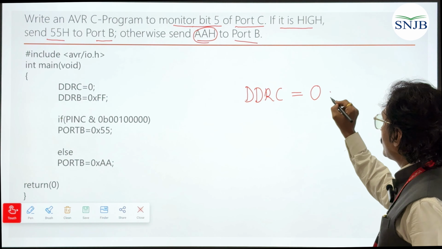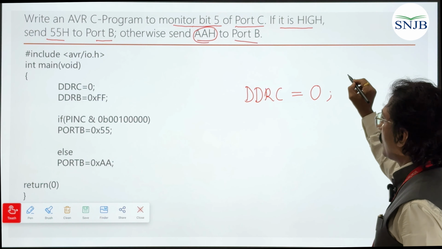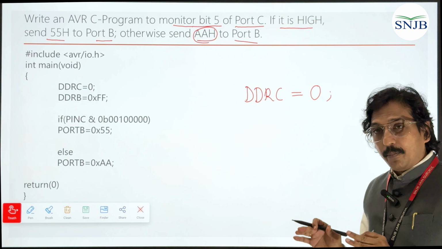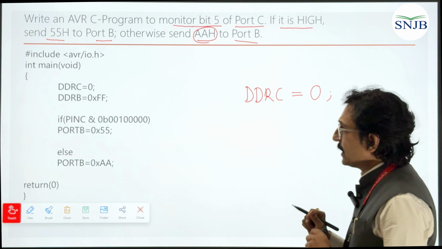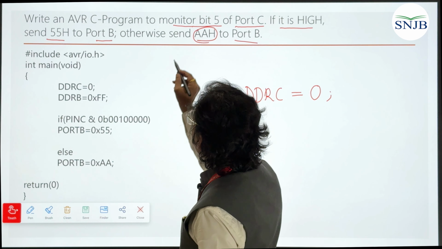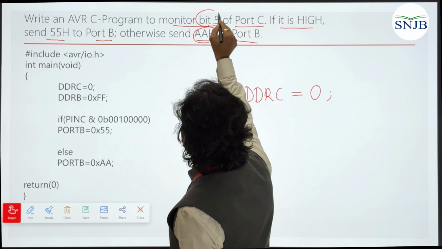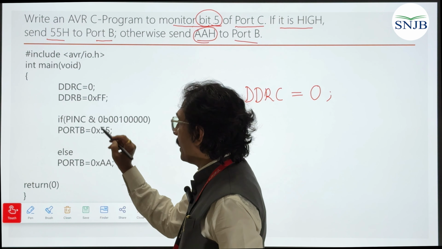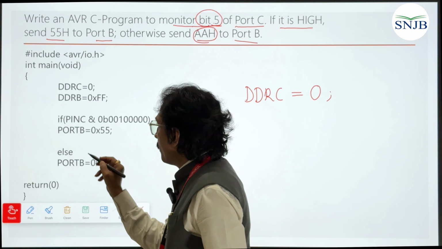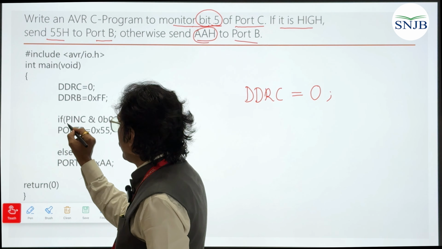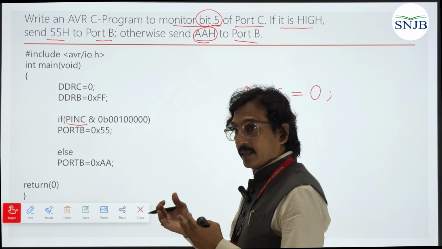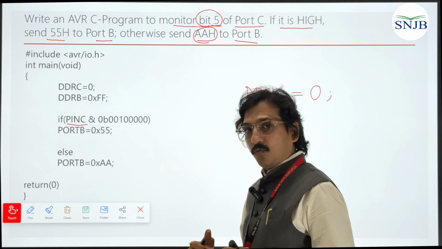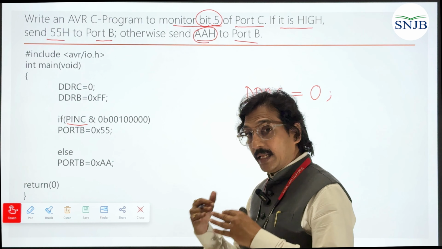When all its bits become 0, it means it is configured as an input port, and then you can read the fifth bit of port C. Here one new entity has been introduced, PINC, for reading the contents from port C's pins.